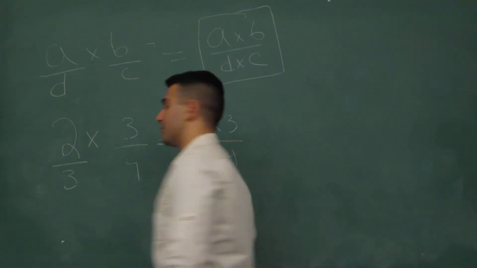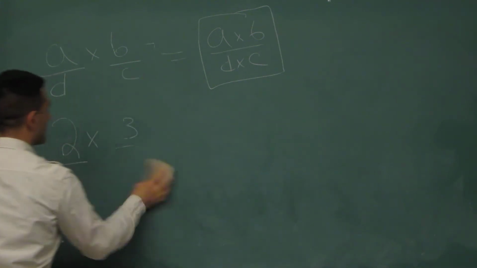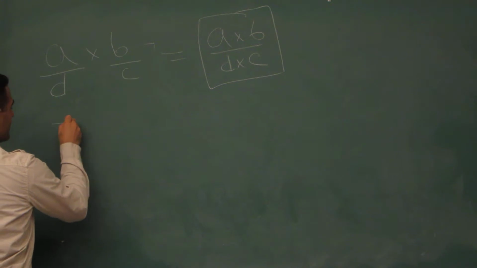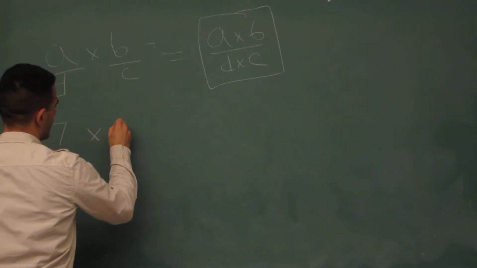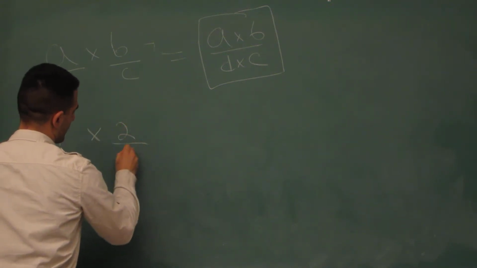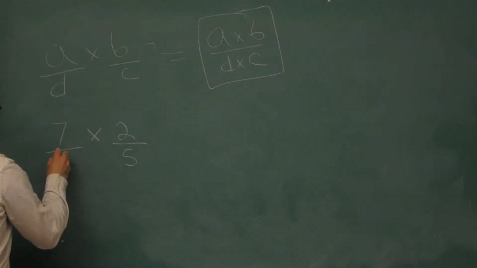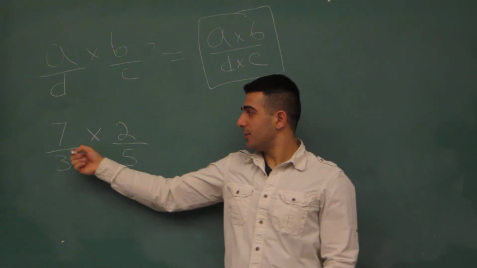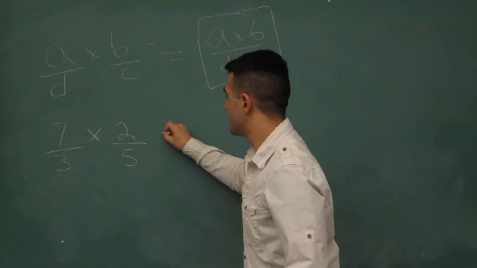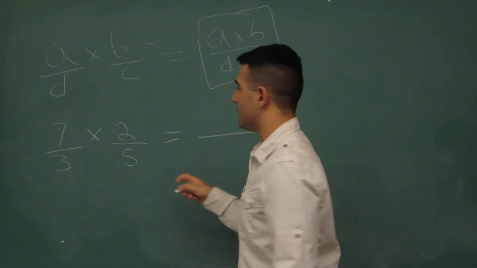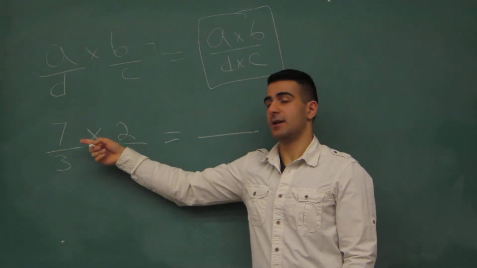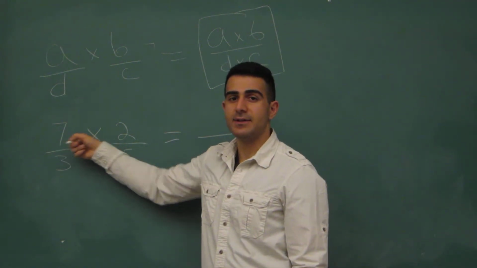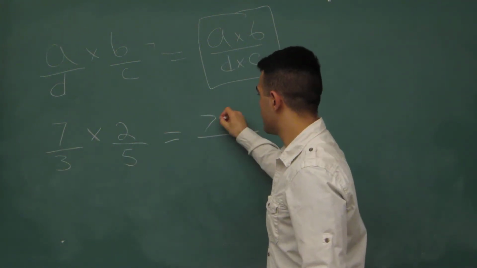Let's do one more example. If we were asked to multiply these two fractions, what do we do? We know that the fraction that results from this multiplication has 7 times 2 in the numerator.